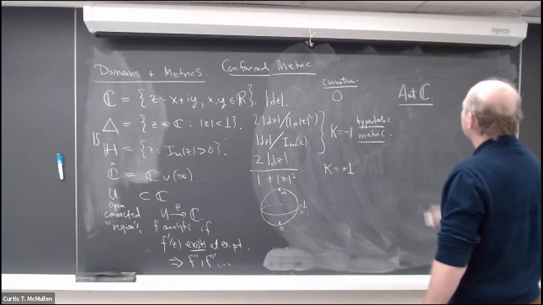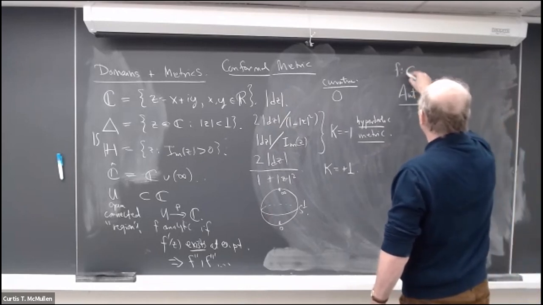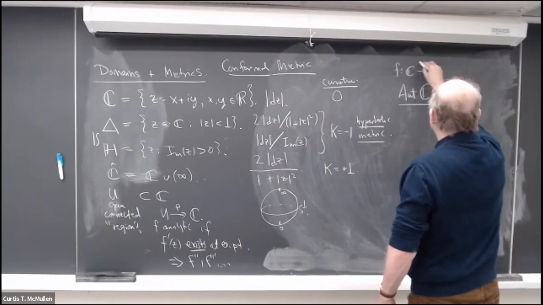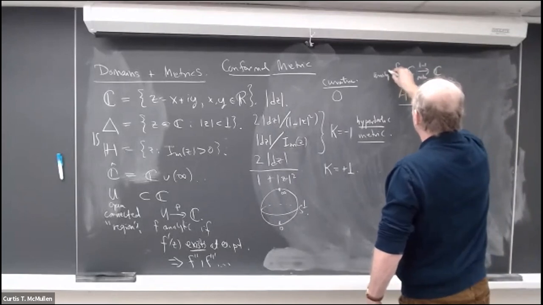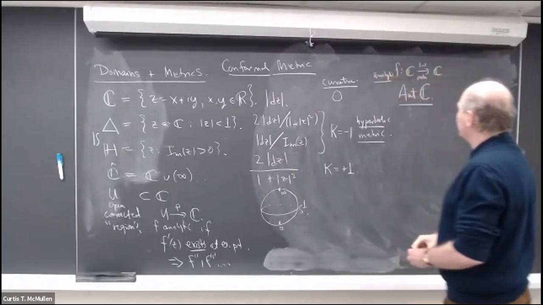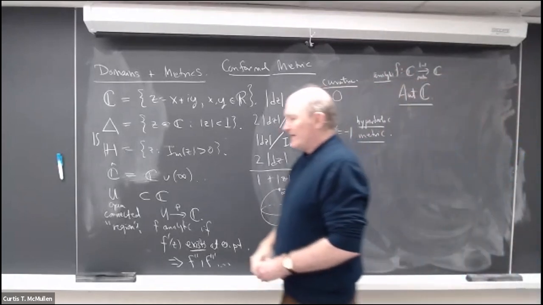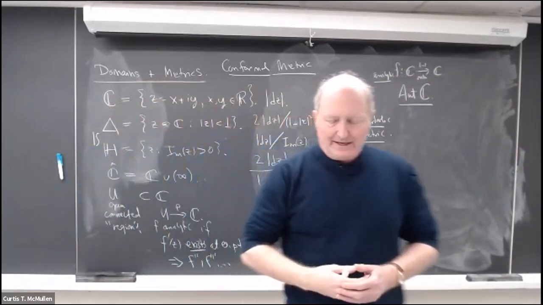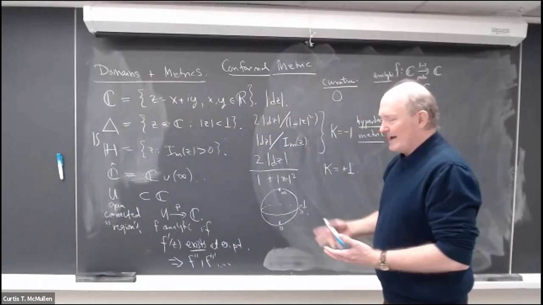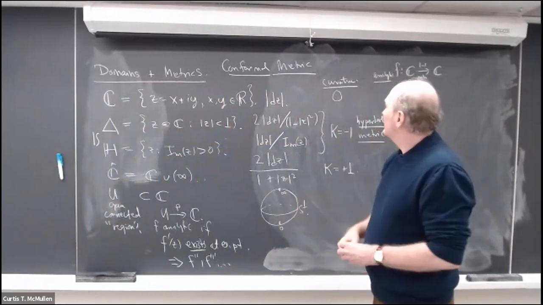What this means is it's the group of analytic maps from C to itself, which are 1-to-1 and onto. Of course, the inverse of an analytic function is again analytic. So these are the symmetries of this particular region that preserve its complex structure.